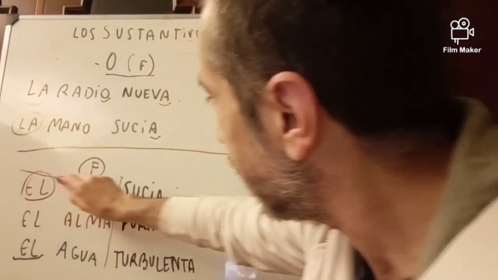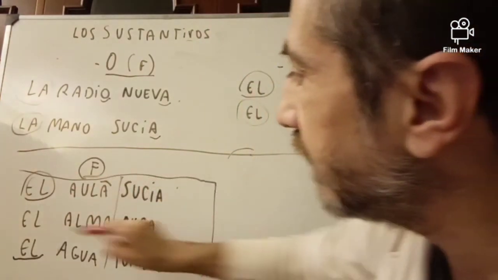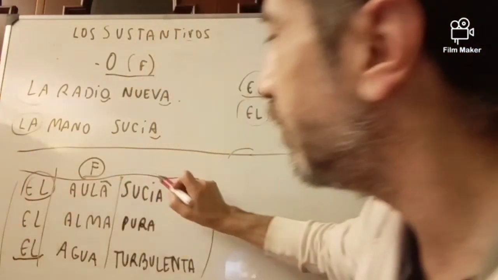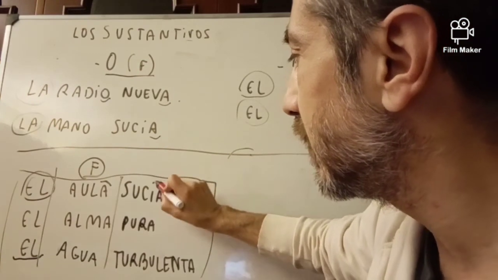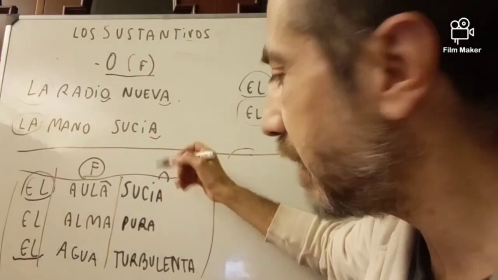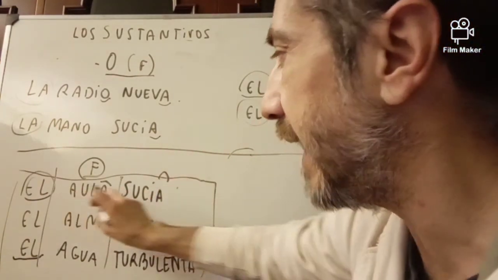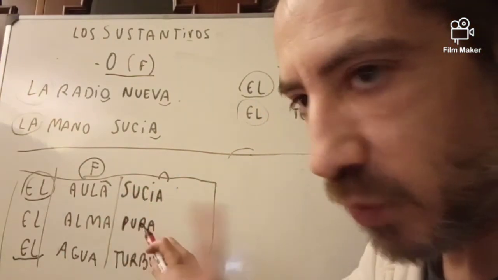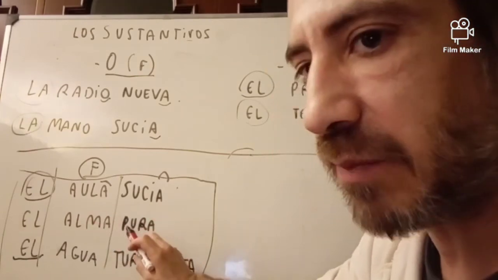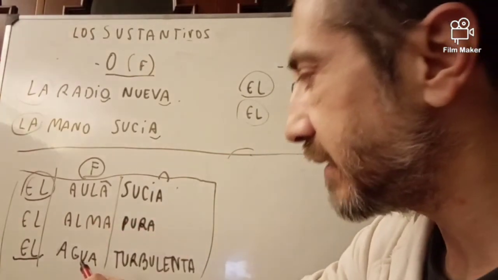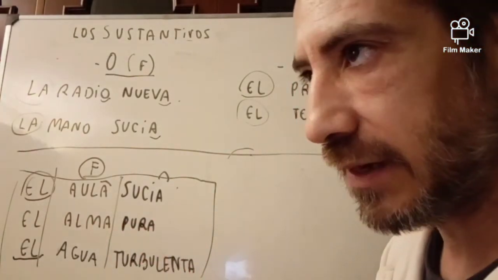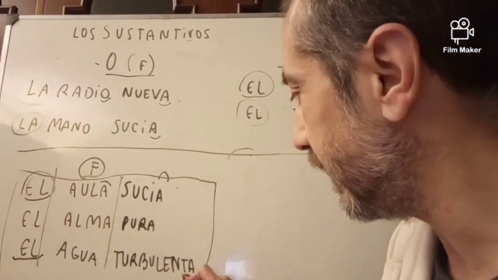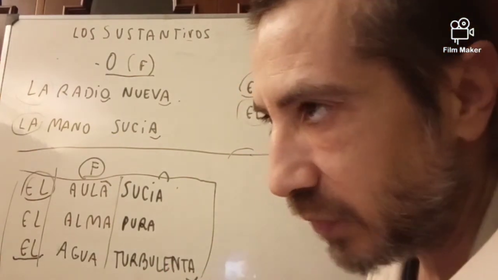So these cases are all feminine, but take the masculine article, while the adjectives work the same as in the feminine form. So it's not el aula sucio, but el aula sucia. It's not el alma puro, but el alma pura. And it's not el agua turbulento, but el agua turbulenta. There are other examples.